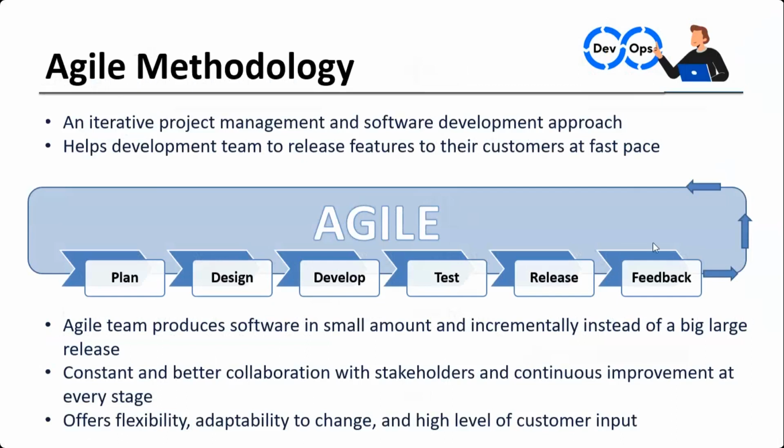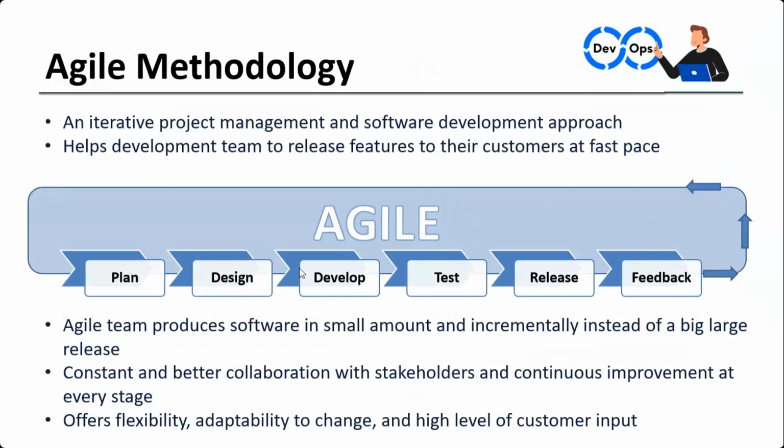So this development cycle starts with a plan, where you focus on defining the scope and objective, and then design, where we create the design specification for the feature to be developed.